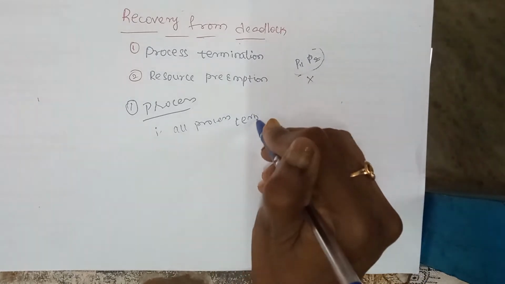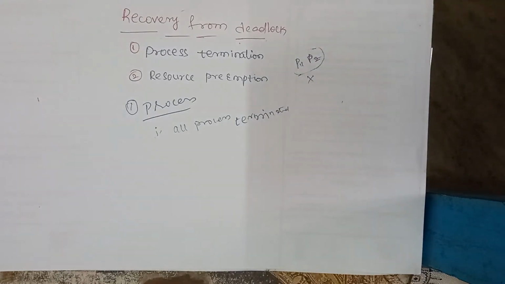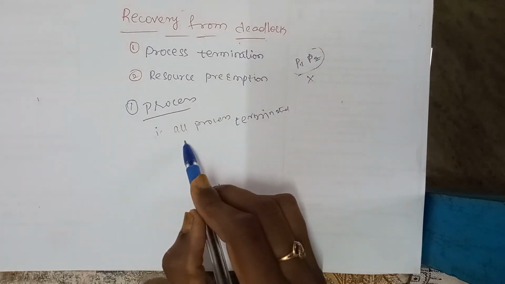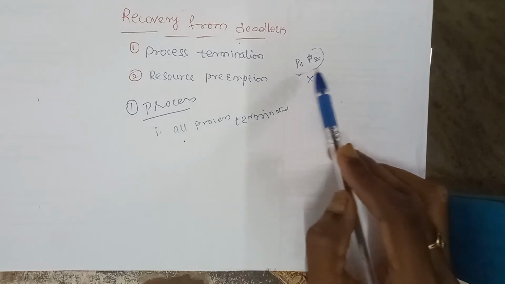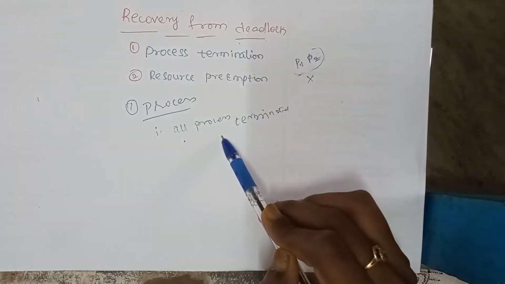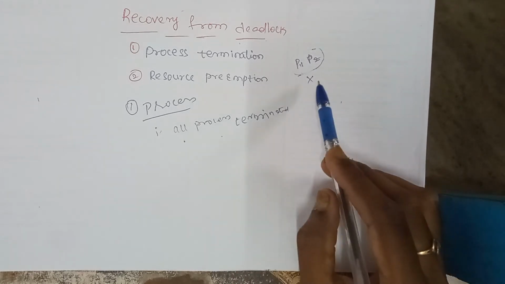That means at first, all the processes are terminated. If we have a deadlock between only two processes, we can do this. This is the best option: terminate both the processes.